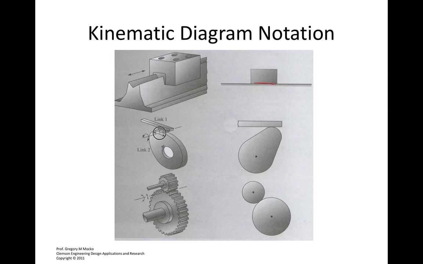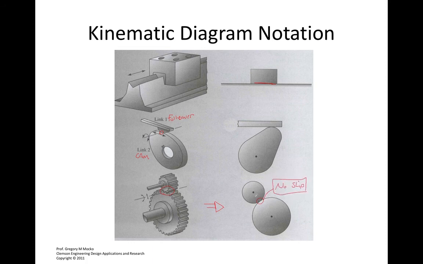There's a joint between the cam, which is link 2, and the follower, which is link 1, and we're going to draw it as this type of joint. We've got a gear train or a gear meshing, so there's some stuff happening up here, and we can draw that very complex joint as just two circles that basically have a no-slip condition.